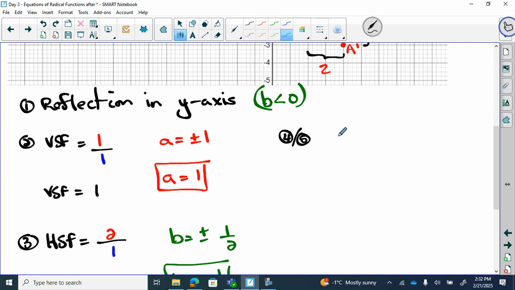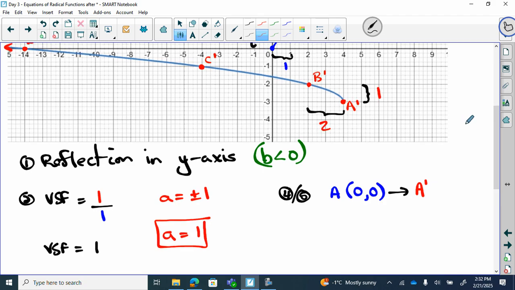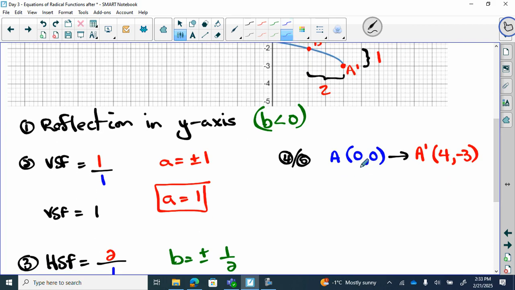What point do I want to use? 0, 0. What did it become? Can anyone tell me the coordinates of A prime? It's on your sheet. 4, negative 3. Can anyone tell me what the H value is going to be?